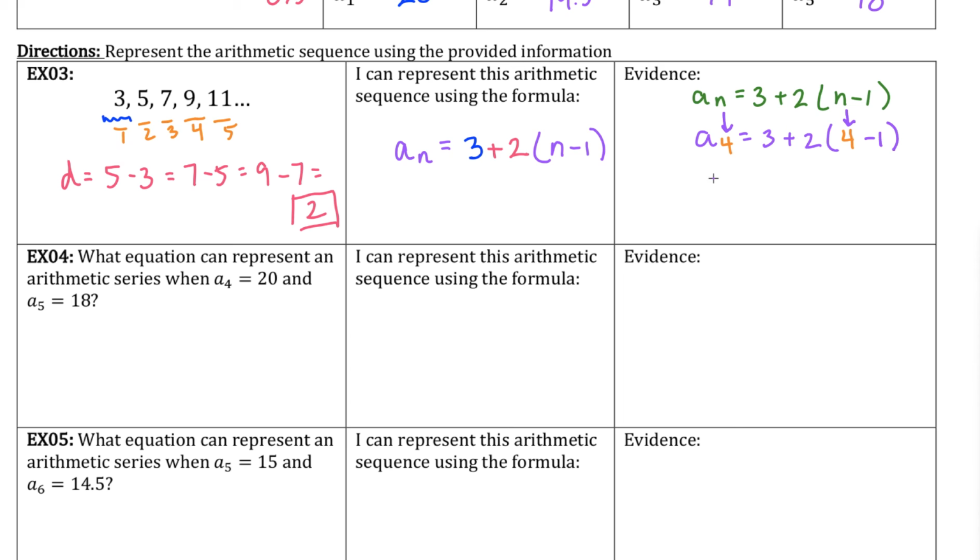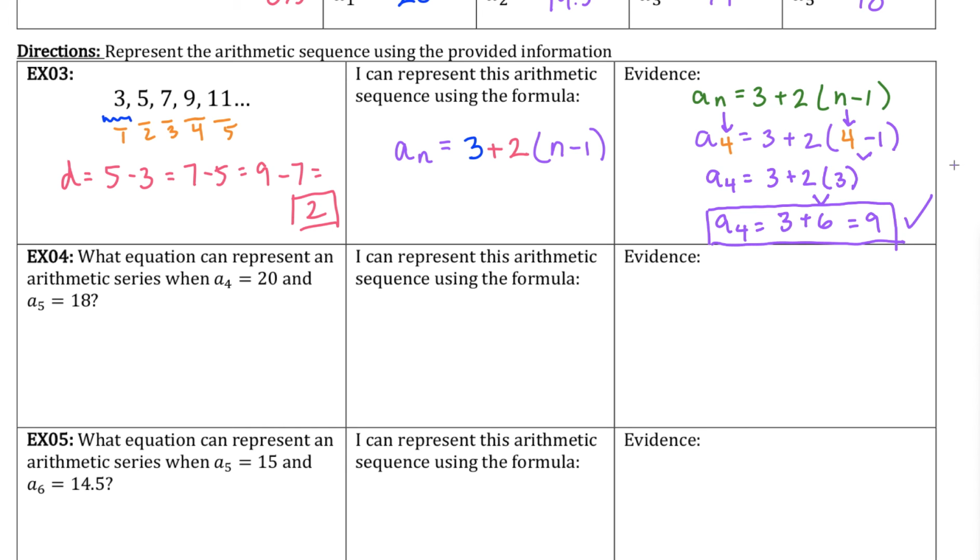So we end up with a sub 4 equals 3 plus 2 times 3. 2 times 3 is 6. So a sub 4 is 9. 1, 2, 3, 4. A sub 4 is 9. Good. Which is correct.